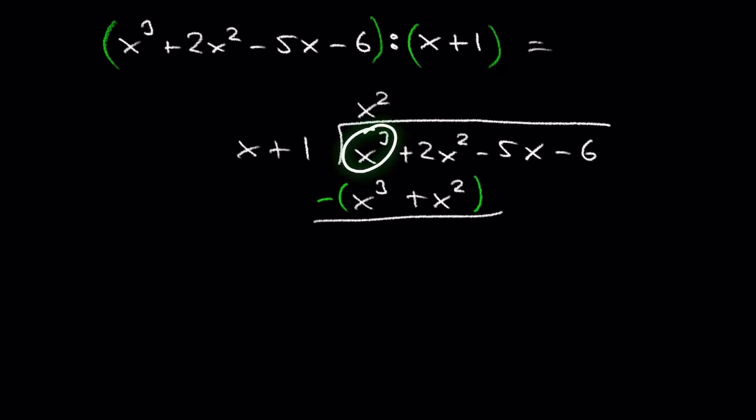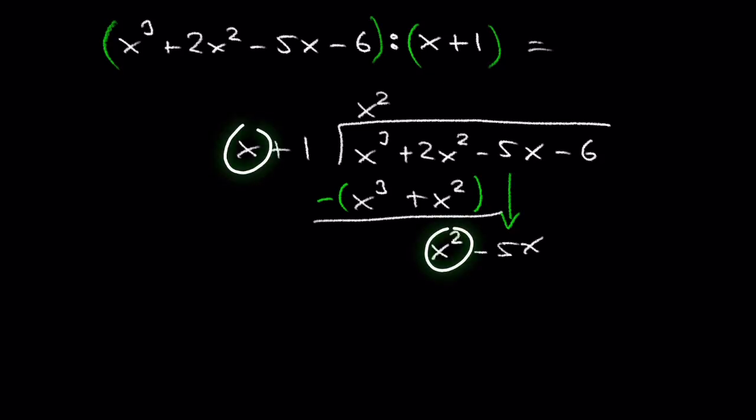X cubed minus x cubed is 0, and 2x squared minus x squared is x squared. Bring down the negative 5x. X squared divided by x is x.